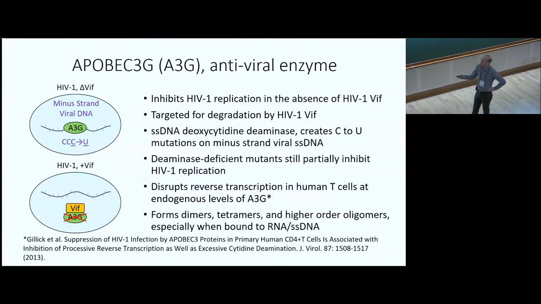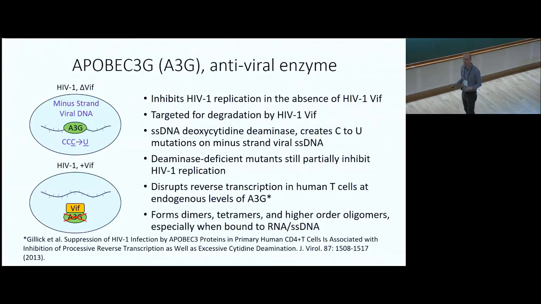U is not a normal base in DNA, so that can be targeted. There are enzymes that come and cut where that is, which can inhibit HIV replication. Also, if you have a U there, you can have mutations, because if this does get replicated, it puts the wrong base on the other strand, and so you get a lot of mutation of the virus because of APOBEC3G. But only if it's not targeted for degradation.